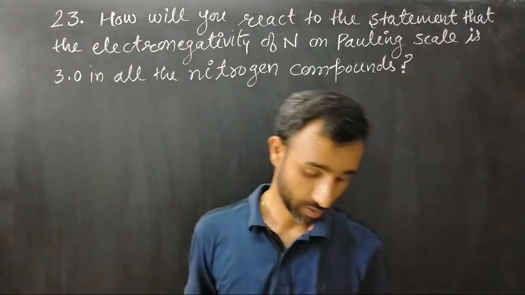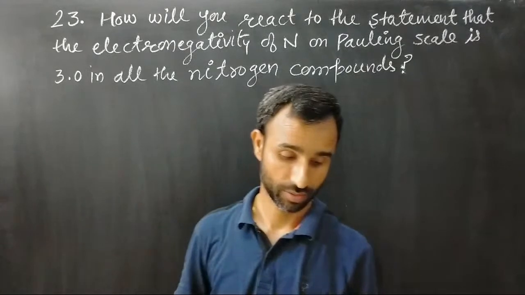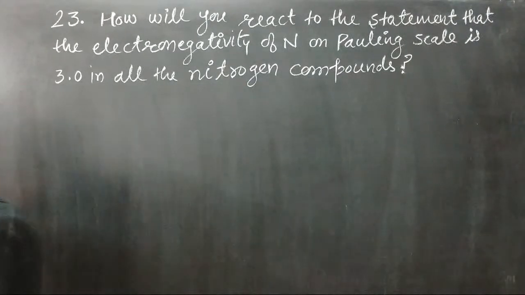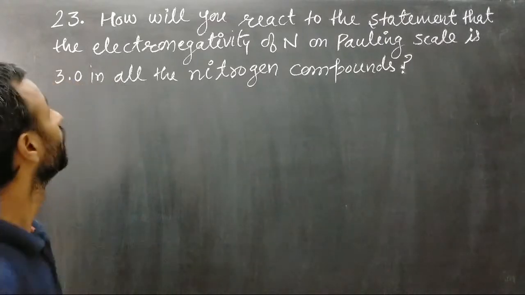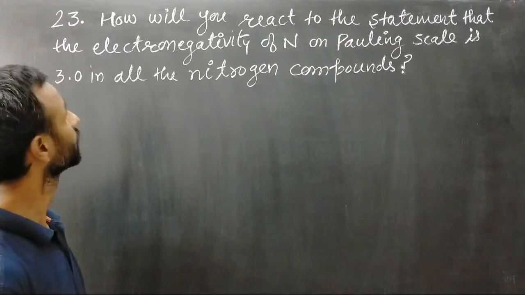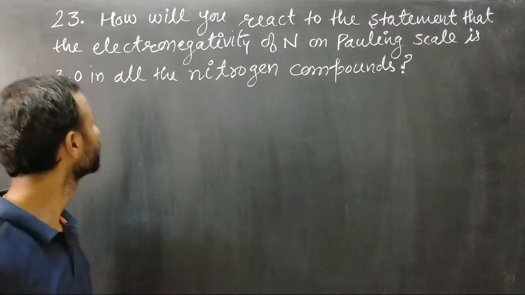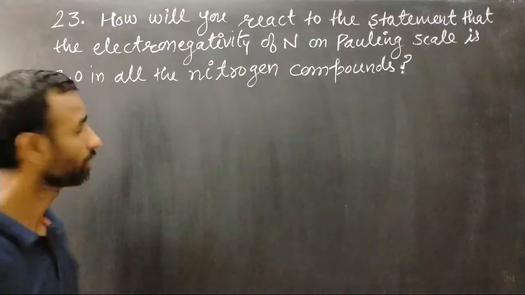Electronegativity is variable, oxidation state of elements. Okay. What about others? That's right. It is an incorrect statement, but just write the explanation. Why is it so?